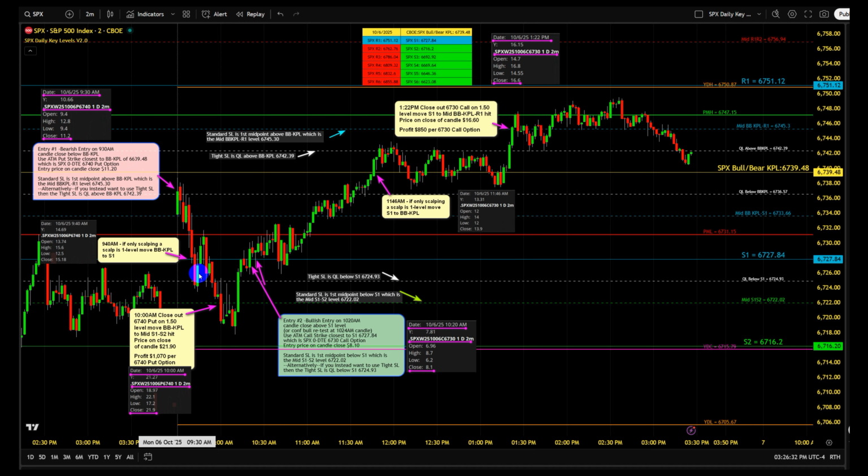However, in most cases, it is best to go ahead and close out your contracts at the minimum 1.5 level move or 2 level move target.